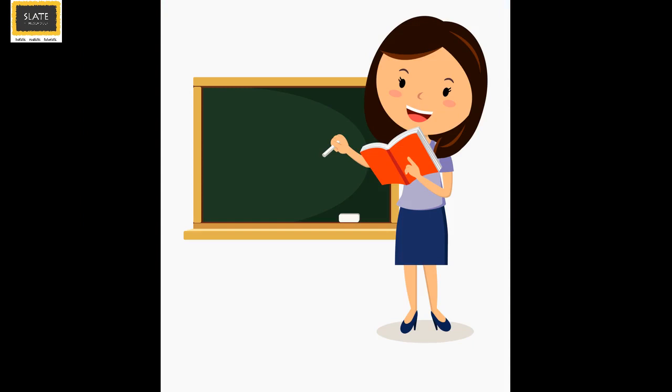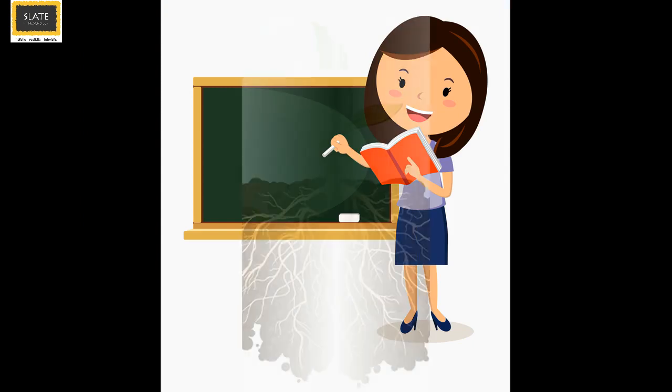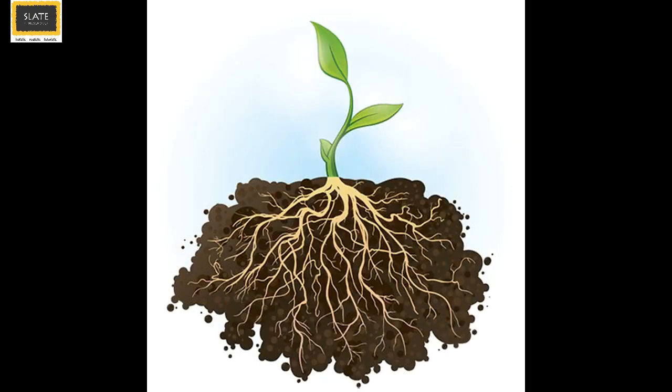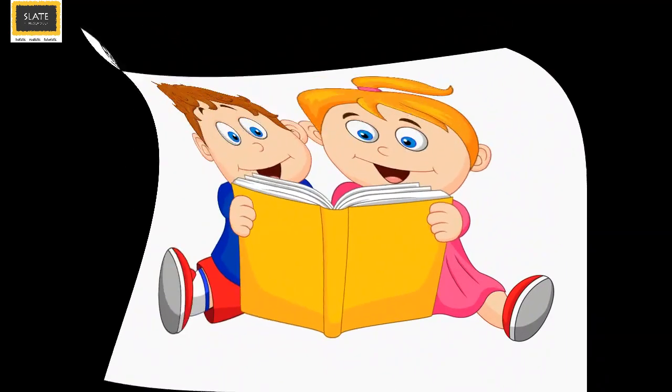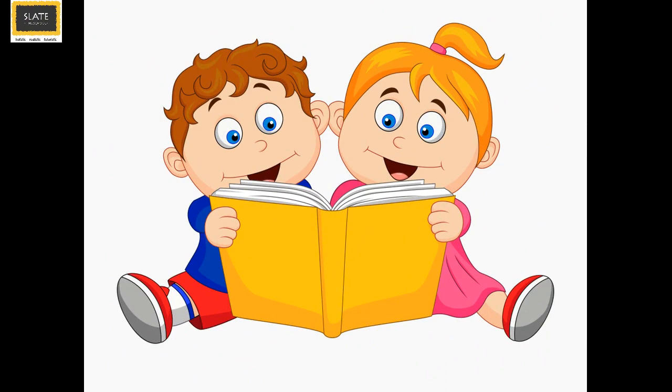But can you all tell me what helps them in getting water and nutrients from the soil? Correct. Roots. Roots are parts of the plant which suck in the water and nutrients from the soil. Let's read more about this from the textbook.